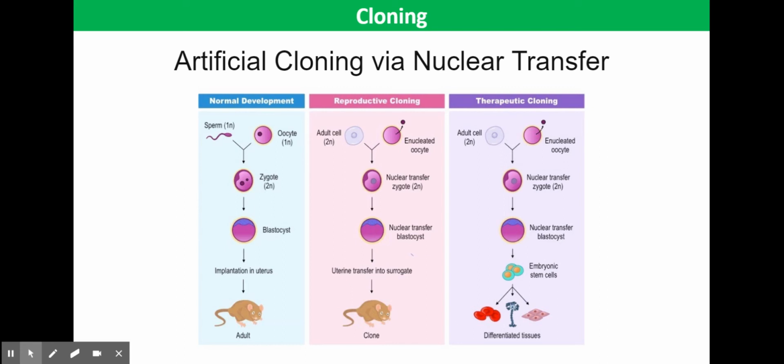Clone cells have been used to repair damage to the spinal cord of a mouse and to restore the capability to produce insulin in the pancreas. And there's also the potential to grow whole new organs to replace diseased ones. Tissues grown from the patient's own cells will be genetically identical and so avoid rejection, which is the problem when transplanting donor organs.